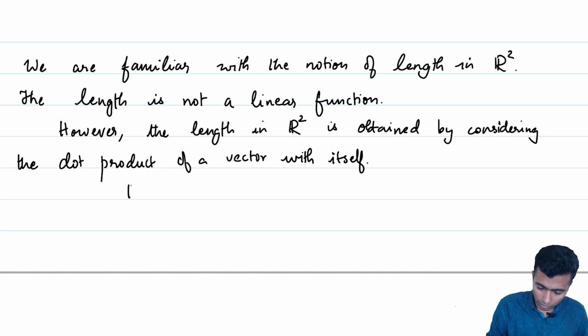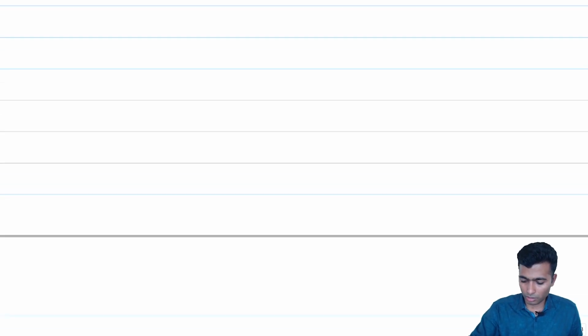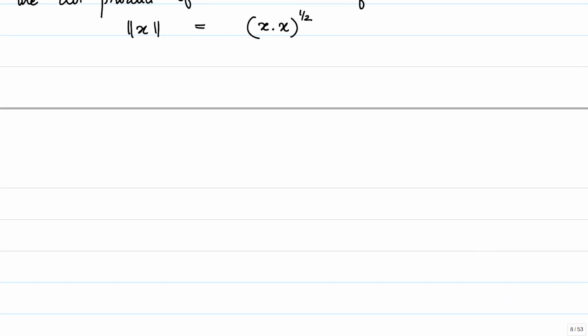So norm of x is just equal to (x dot x) to the power 1 by 2, if you are already familiar with the notion of dot product. If not, we will be introducing it shortly, so no assumptions will be made.